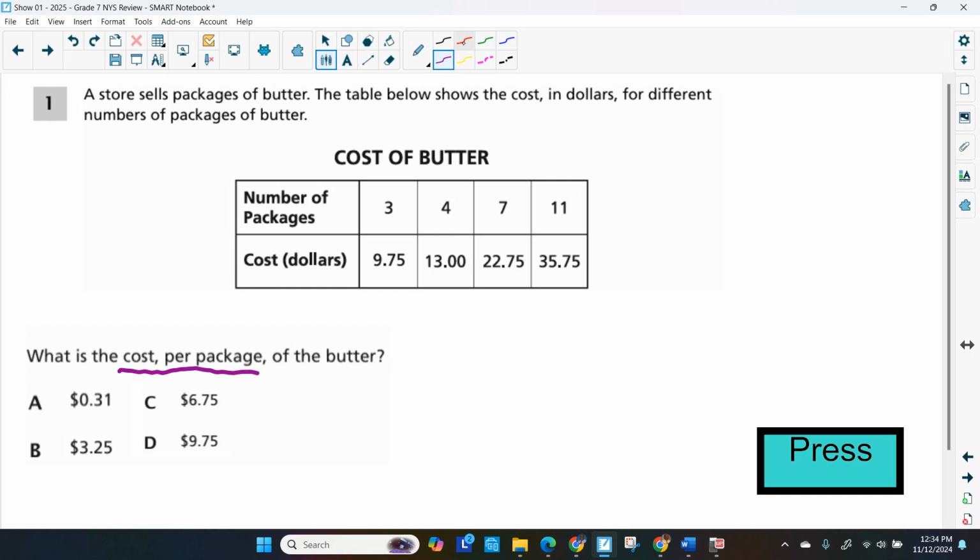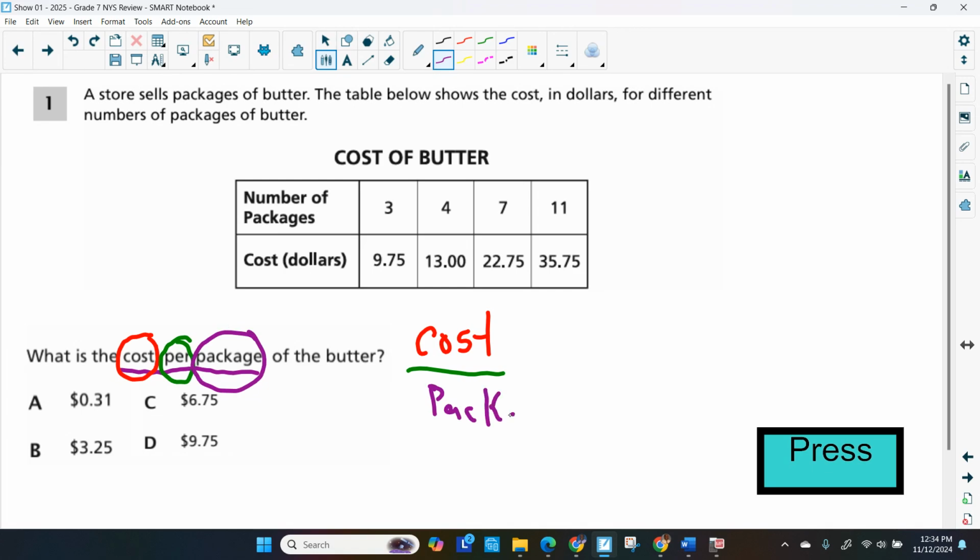Well, I like that they gave you the meaning to find what the cost is, because it's right there. If you look at the word per, that means there's a division going on. And the package is on the bottom. So we have a division problem.